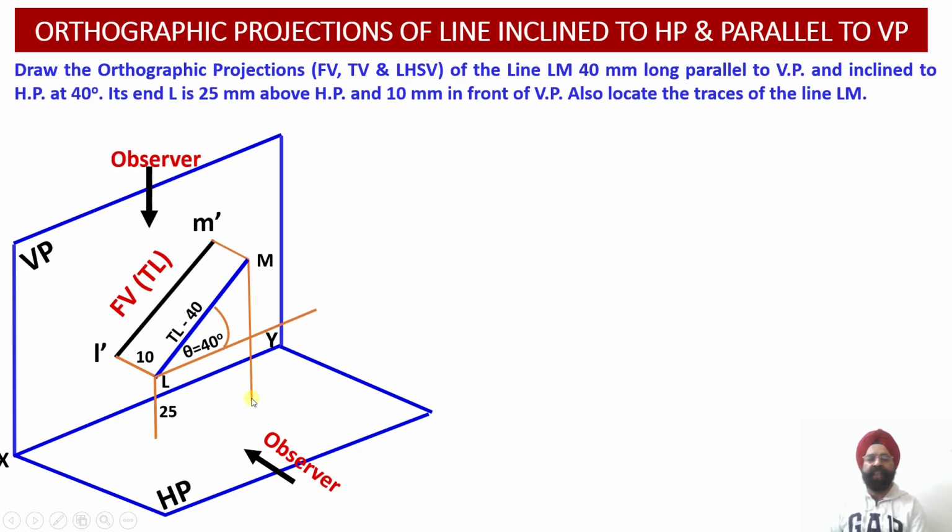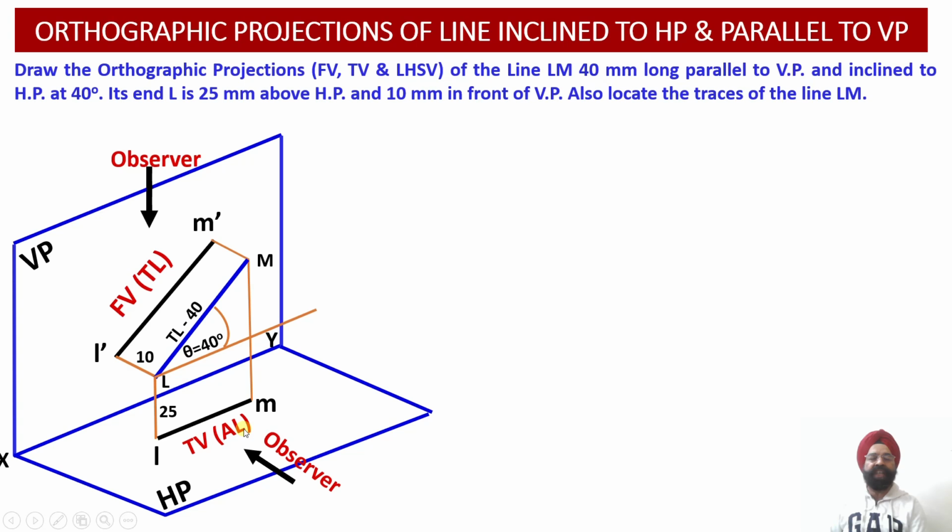The reason why this shortening occurs is the angle of inclination of this line with respect to the horizontal plane. So we are going to view the foreshortened view of this particular line onto the horizontal plane. So these projections, that is LM, which are obtained on the horizontal plane in the top view projections, will be called the apparent length projection.